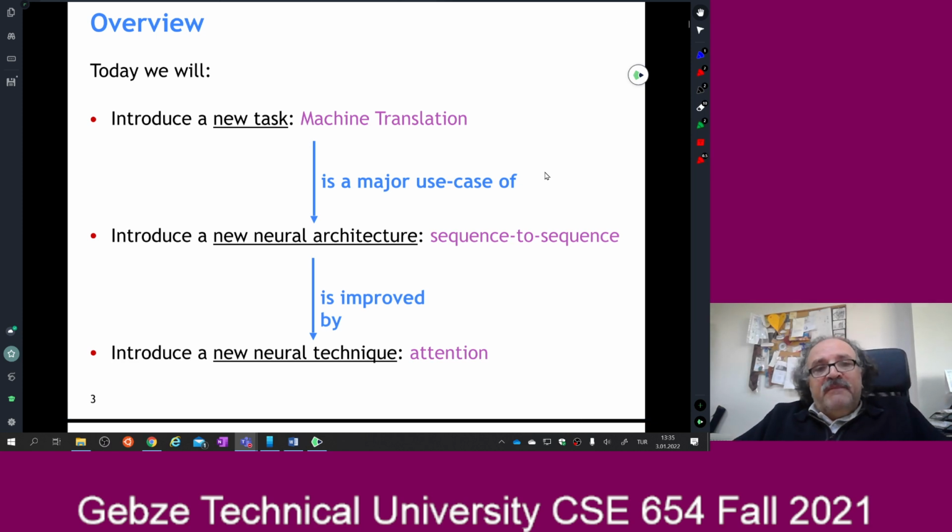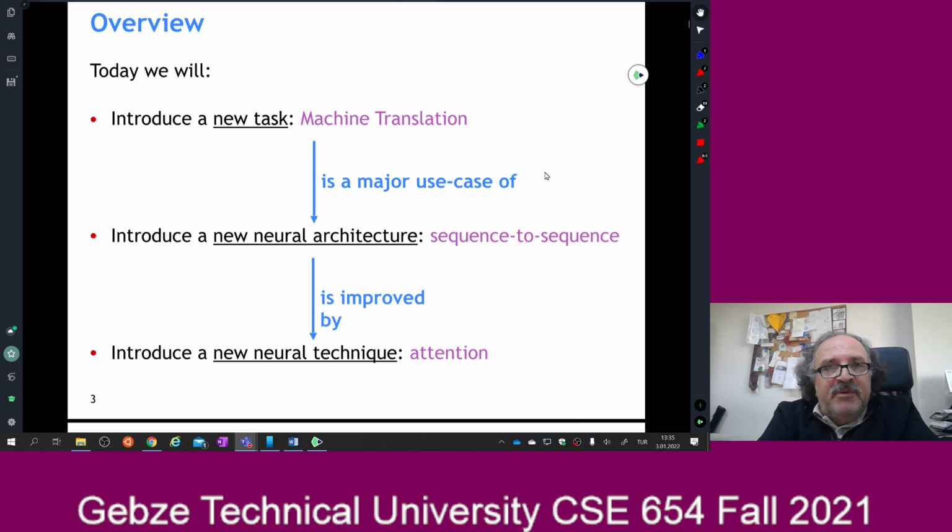So machine translation is one of the important areas of research in natural language processing, one of the complicated tasks of natural language processing. And we are going to look at the machine translation area, both in terms of statistical machine translation and neural machine translation.